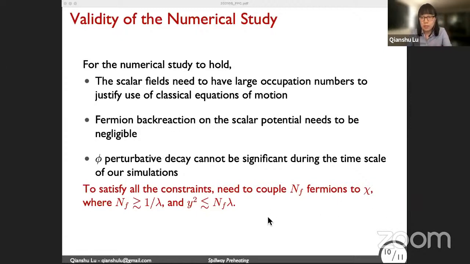I won't go into the details, which are spelled out in our actual paper, but to give you the conclusion, it turns out that spillway preheating really only safely works when you couple not only one fermion to chi, but instead couple N_F species of fermion to chi, where the minimal required value of N_F is determined by lambda, which is the self-interaction strength for the chi field. And we have a constraint on the Yukawa coupling between the chi field and the fermions in terms of N_F and lambda.